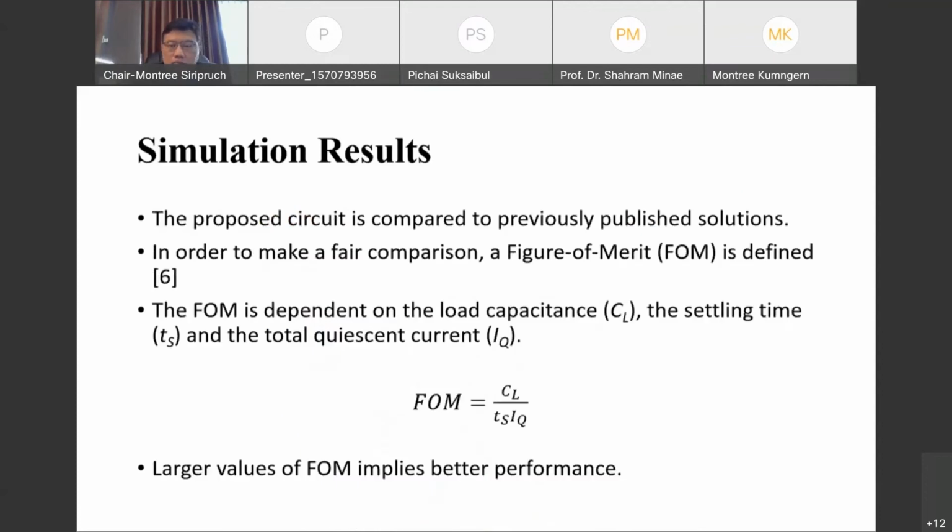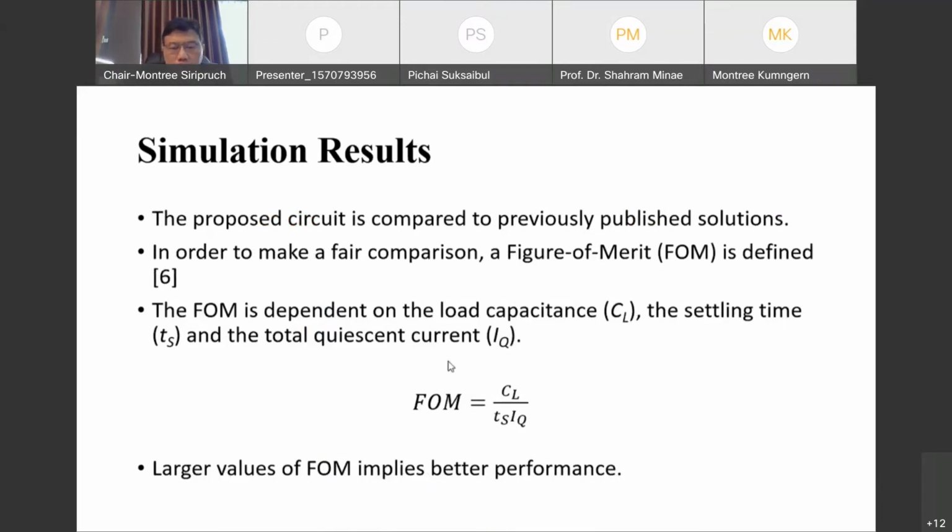In order to compare the proposed solution to the previously published circuits, we use a well-known figure of merit. Figure of merit, FOM, is equal to CL over TS times IQ, where CL is the load capacitance, TS is the settling time, and IQ is the total quiescent current of the circuit.